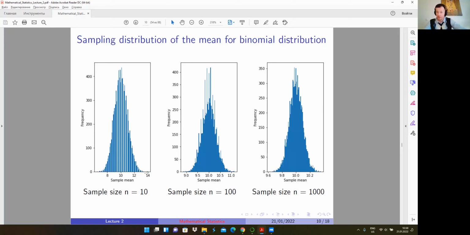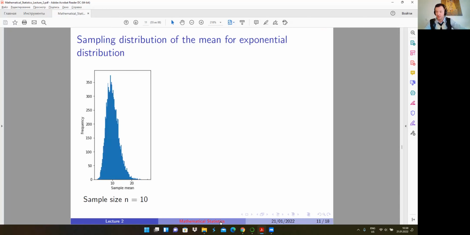It's built on the real observations, but still. Does this look familiar? Which distribution has a similar density function or graph of probability? Okay, think about this. We will move to the exponential distribution.